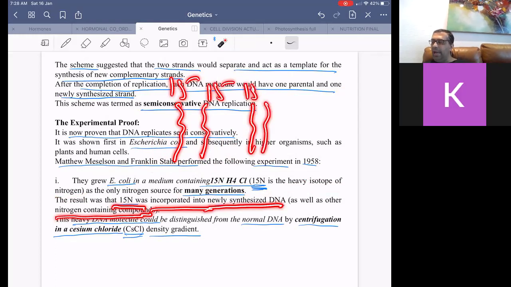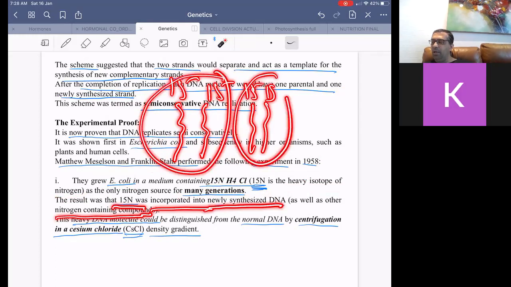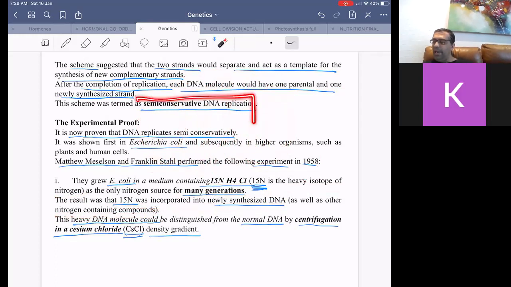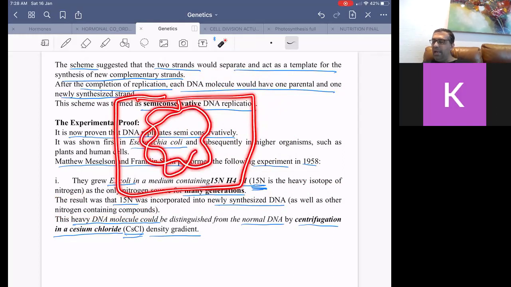All the bacteria have N15, N15 inside. So, suppose this is a bacteria and this is the strand of the bacteria. Both strands of the bacteria have radioisotopes N15 in them. So both the strands are N15, N15.